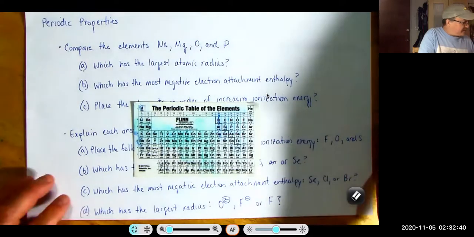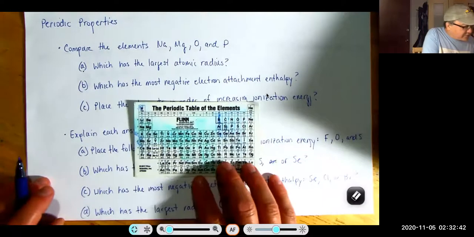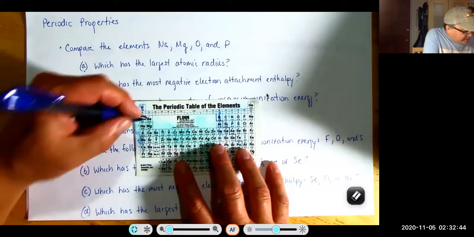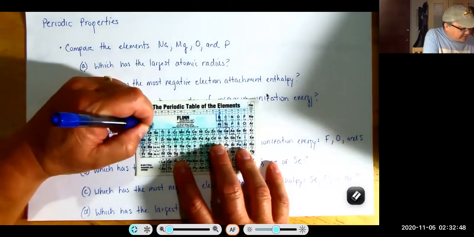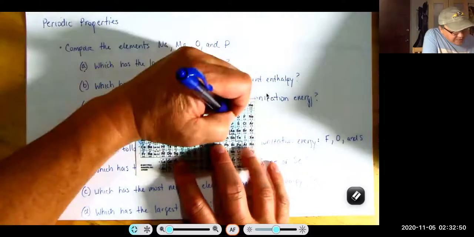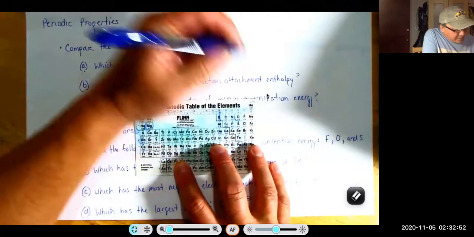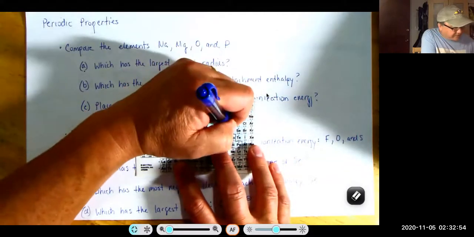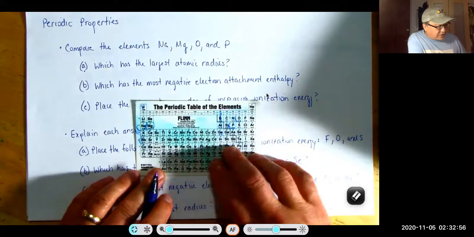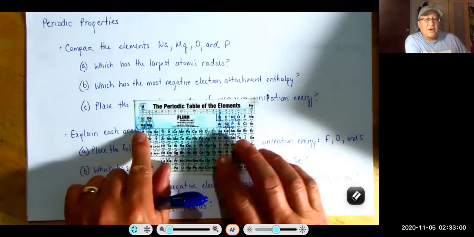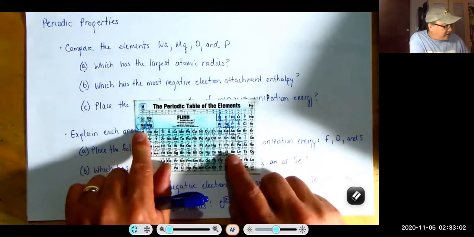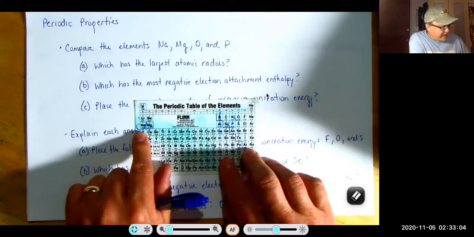And I can't. So here, let's try and find these. We've got sodium here. We've got magnesium here. We've got oxygen up here. And we've got phosphorus here. So which has the largest atomic radius? It's got to be sodium because they get smaller when they go to the right. So the answer to A is sodium.